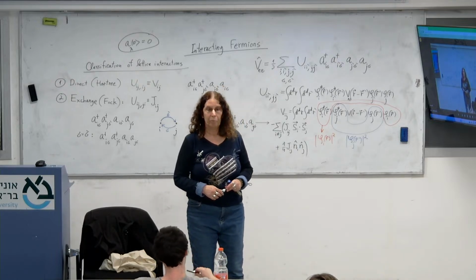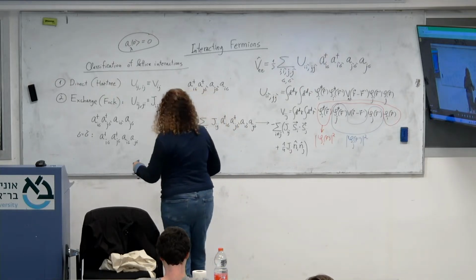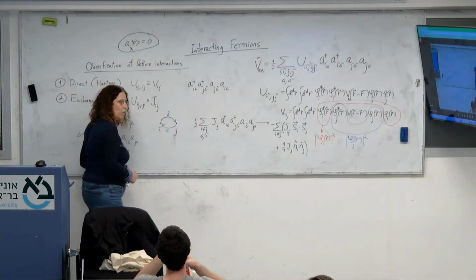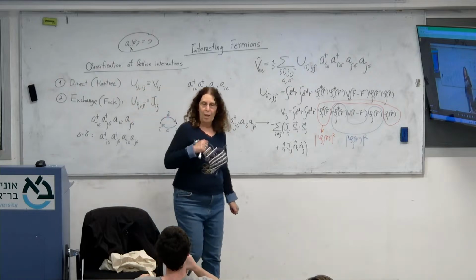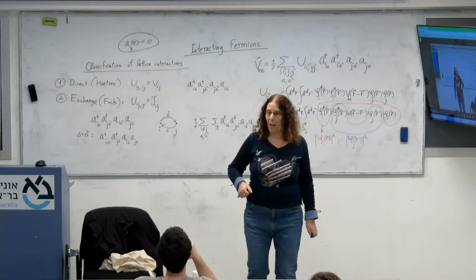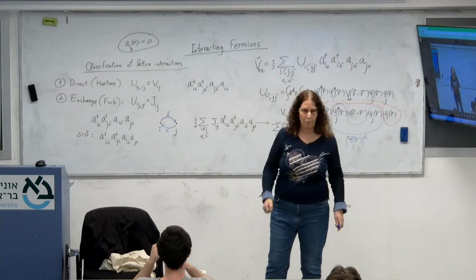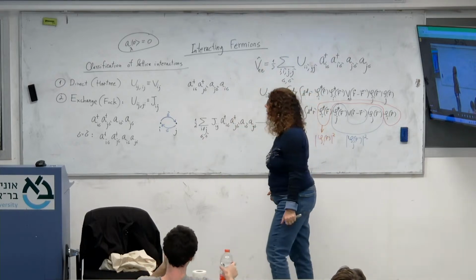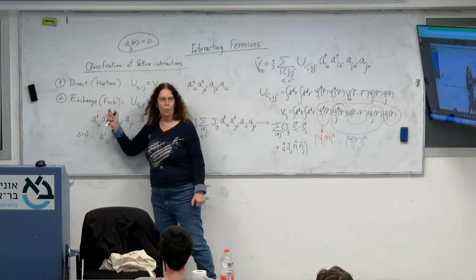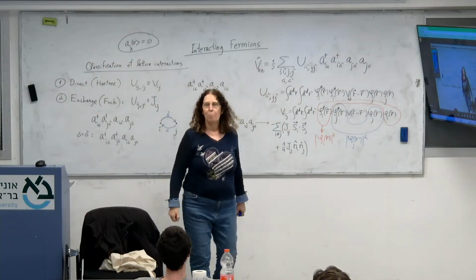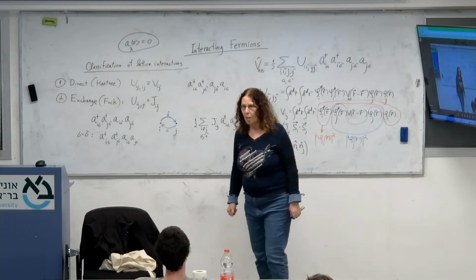Okay? So the same kind of exchange term for bosons will do exactly the opposite. Will enhance the repulsion, if you have repulsion, or vice versa. But the exchange terms can change the sign of interaction effectively. And that's a very interesting consequence.